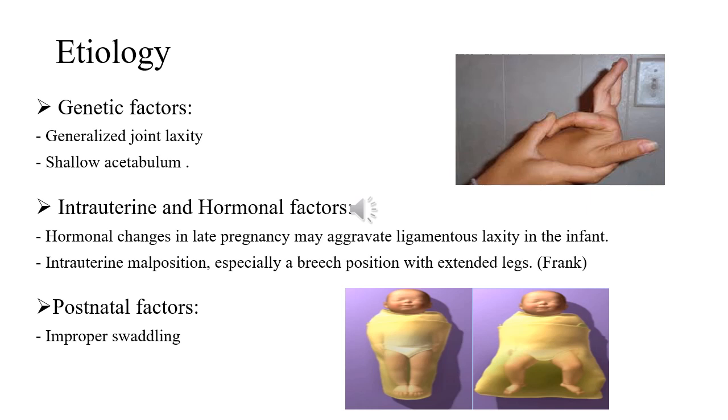There are also some hormonal factors like the relaxin hormone, which is secreted in the latter stages of pregnancy by the mother, and this hormone crosses the placenta to the baby, but it only has receptors in the female baby, so it affects females more than males, causing relaxation of the tissues in general, and this laxity caused by the relaxin hormone can lead to instability of the hip joint.